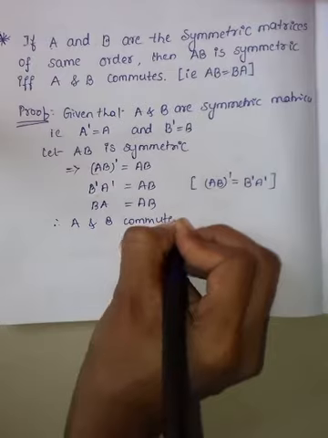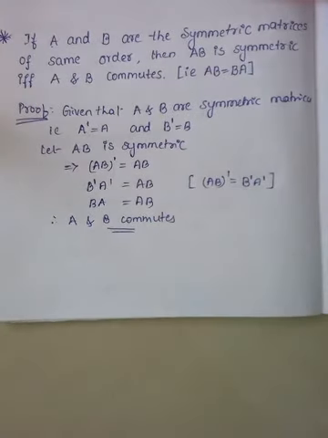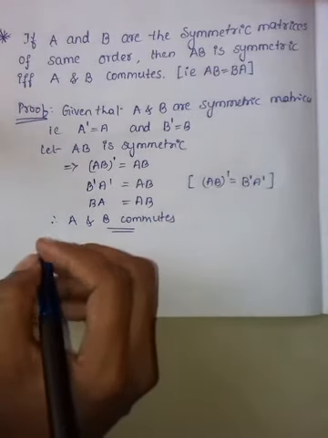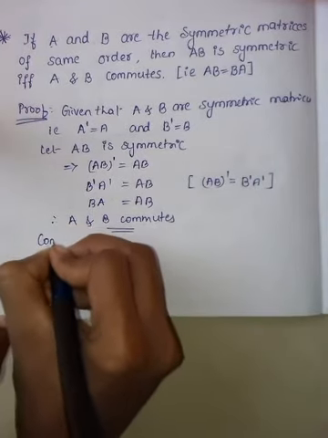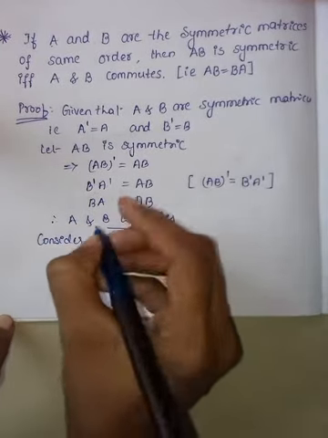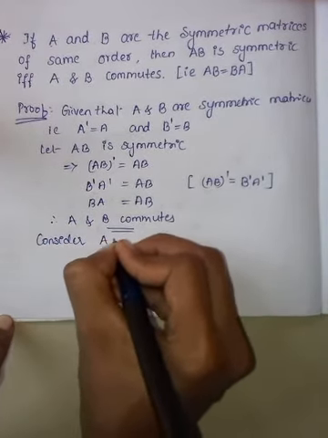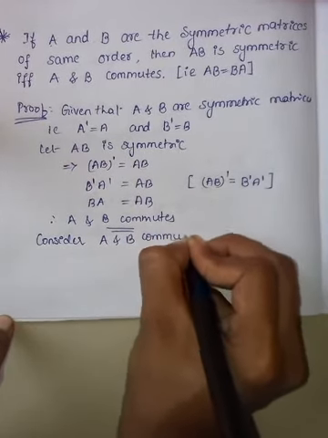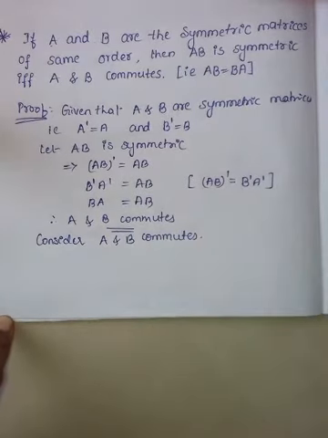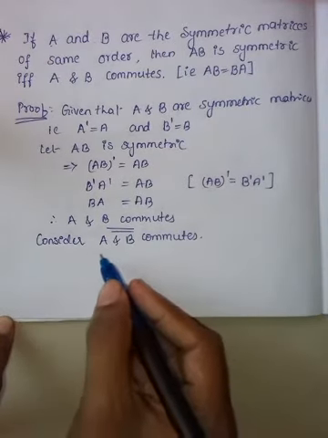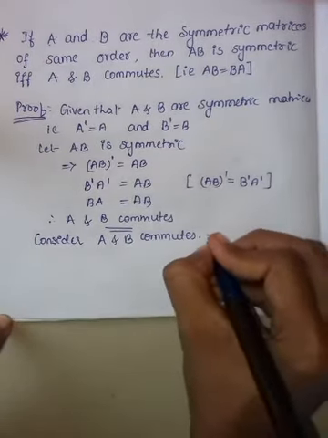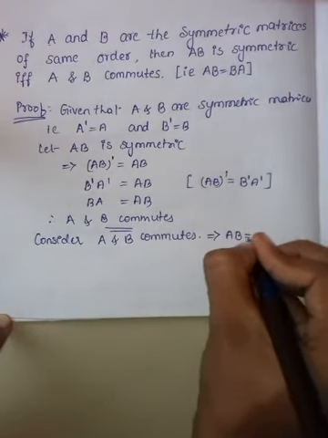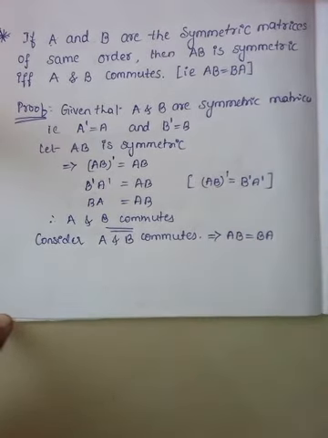Therefore A and B commute. Conversely, let us consider A and B commute, which implies AB equals BA.